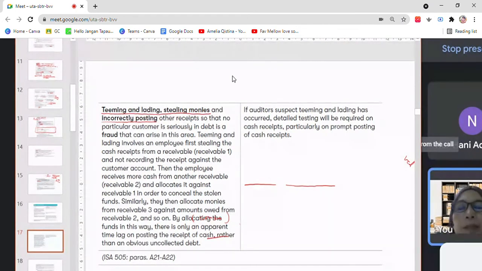Teaming and lading involves an employee first stealing the cash receipt from a receivable, receivable 1, and not recording the receipt against the customer. That is the starting point of teaming and lading.